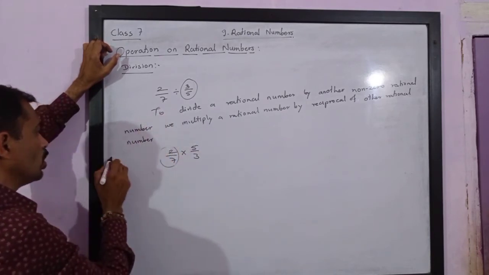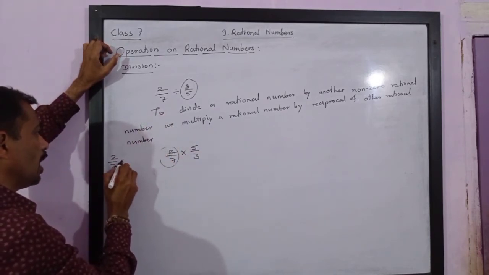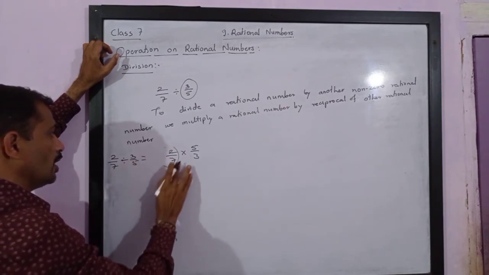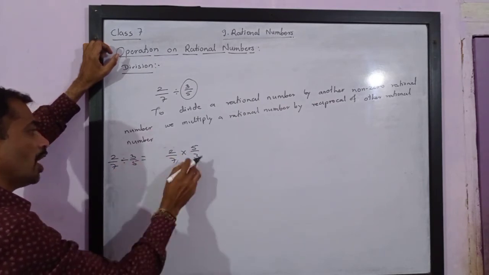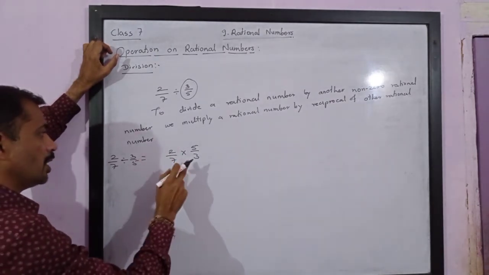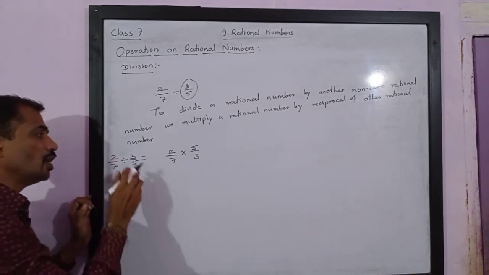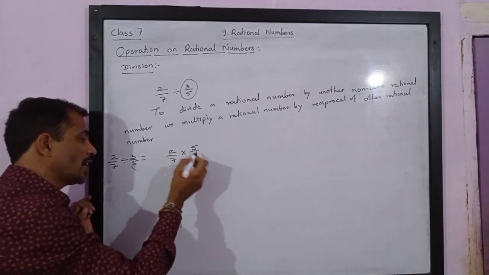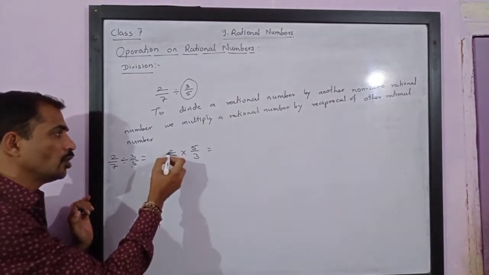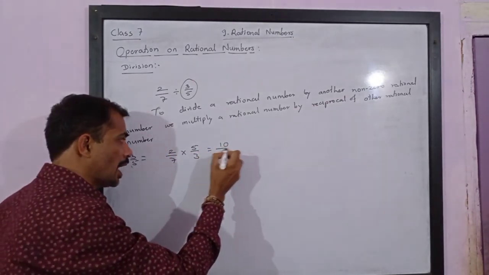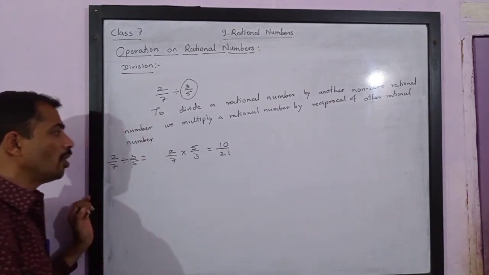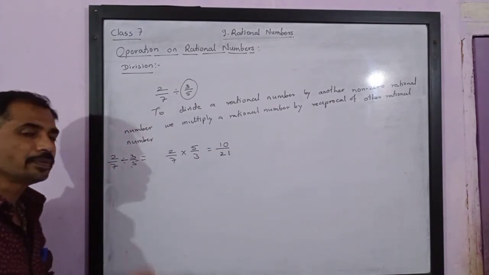So please note 2 upon 7 divided by 3 upon 5 is equal to 2 upon 7 multiplied by 5 upon 3. So this and this operation is one and the same. Multiplication is opposite of division. So we take the reciprocal of the second fraction. Now we know how to do the multiplication. 2 5s are 10 and 7 3s are 21. So answer is 10 upon 21.